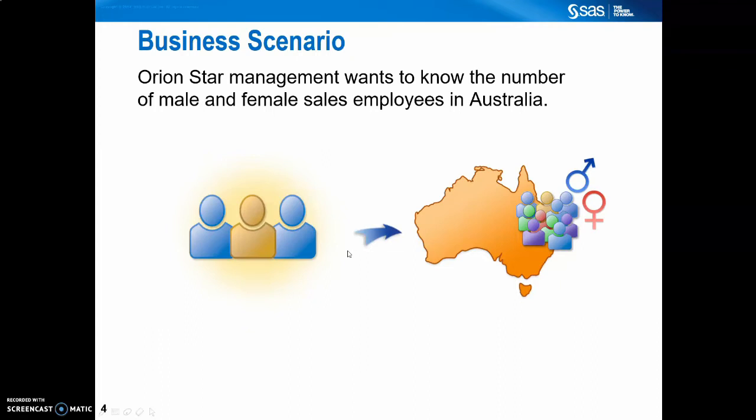Okay, so let's say we have this kind of business scenario: Orion Star management wants to know the number of male and female sales employees in Australia.